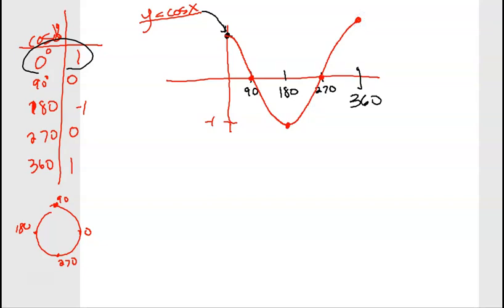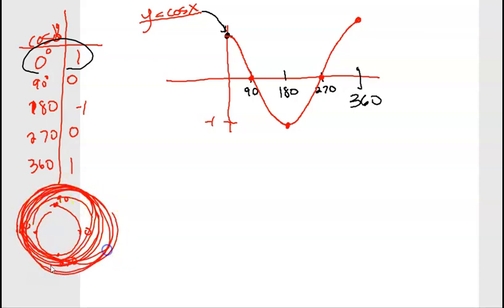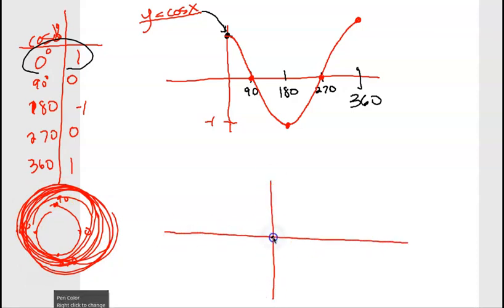But again, if we go around the circle again and again and again, or in the negative direction, it keeps going on forever. So the exact same thing, you have your 0, 0, and again, go to 360, 180, 90, 270, and again, the cosine function starts at 1.